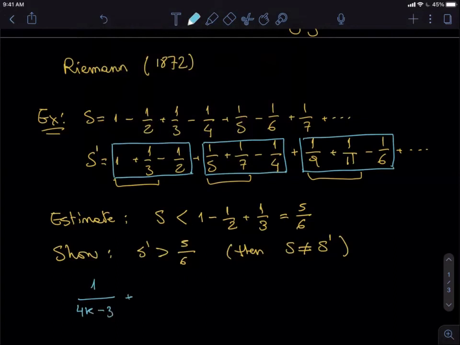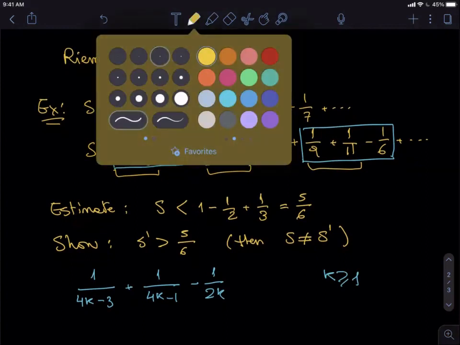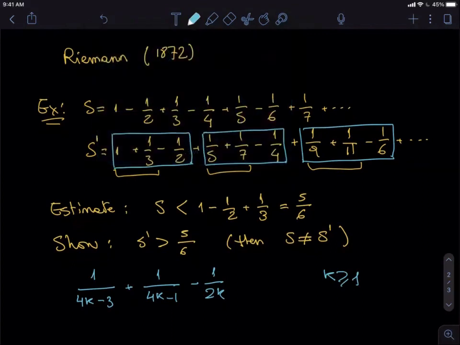So it will be 1/(4k minus 3) plus 1/(4k minus 1) minus 1/(2k). This is the general way to write them, for k bigger or equal than 1. You can check. Now, the thing that is important for us is that when we look at these blocks, they are always positive.